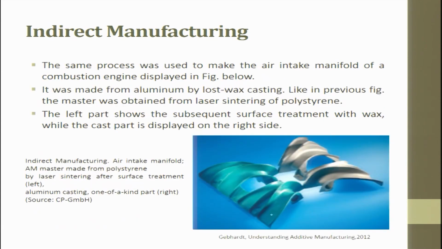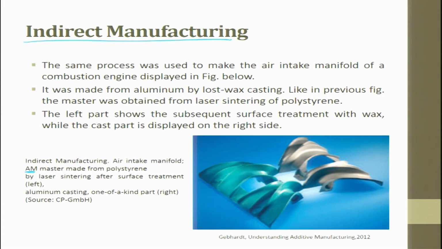So, this is a part which is made out of indirect manufacturing. So, here air intake manifolds are made by additive manufacturing master, made from polystyrene by laser sintering after surface treatment. Aluminum cast, one of a kind part, is made using this indirect manufacturing.